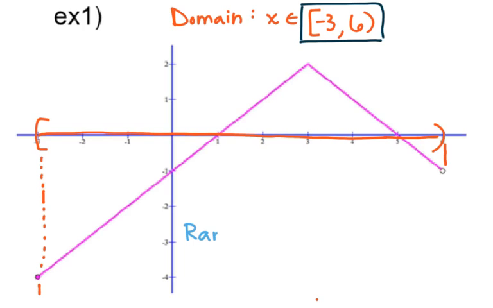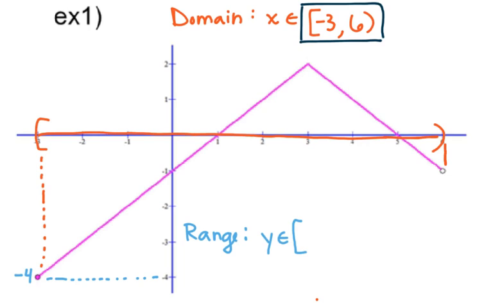Considering the range, we'll go about this similarly. Now remember, range are the set of possible y values. So what is my least y value looking at this graph? The furthest down my y value goes is over here at -4. -4 is that least y value.